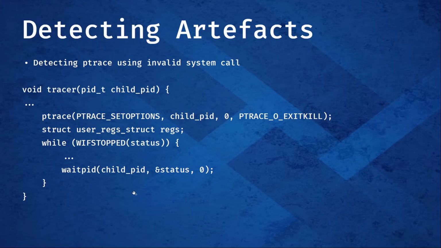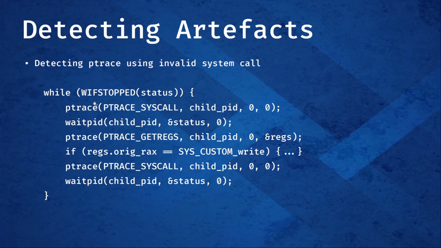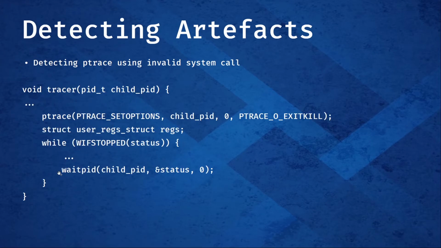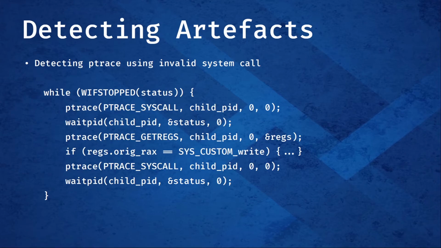And then we configure ptrace again to stop at syscall execution. So whenever a syscall is triggered, as in whenever this particular function is called, this will simply stop and give the control back to us.